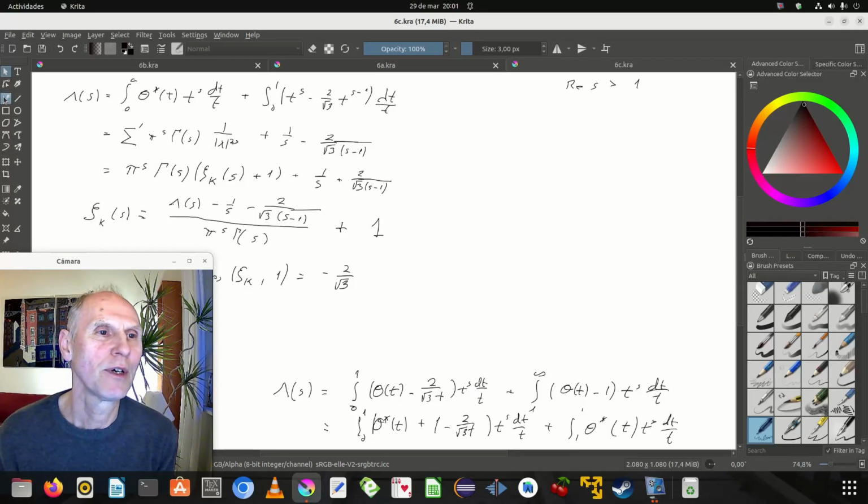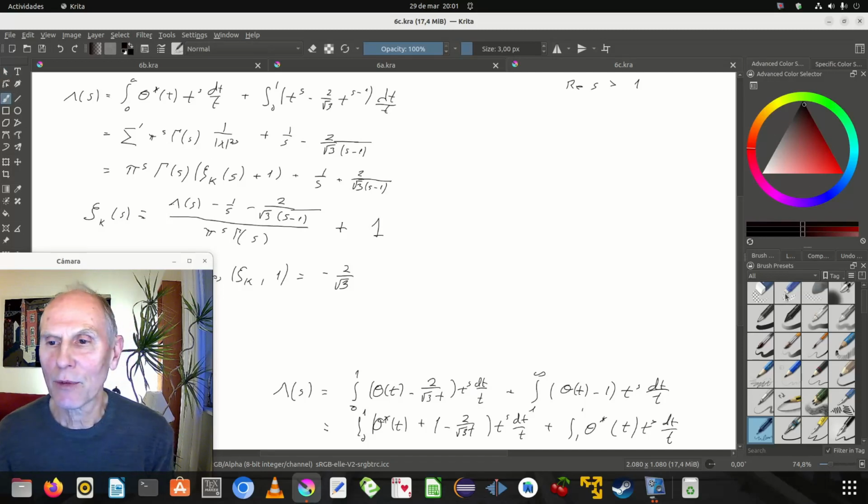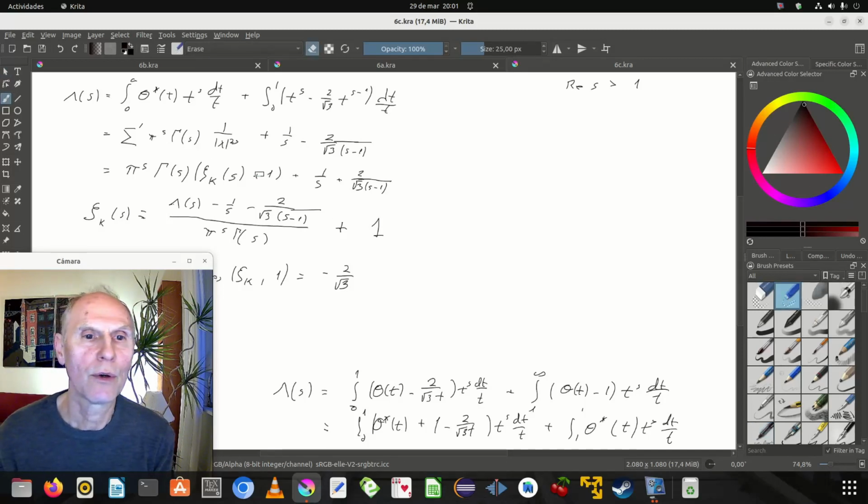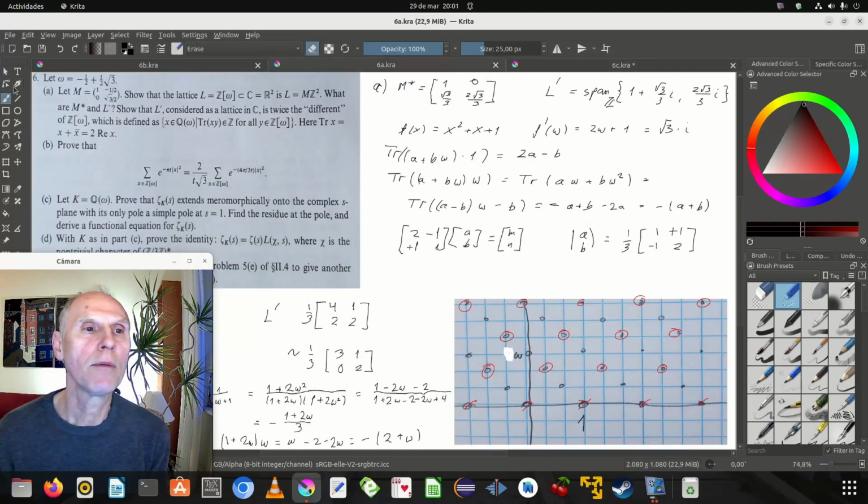So that needs to be taken away. That's it. And then when I read the text of the problem, we should also derive a functional equation, which I forgot all about.